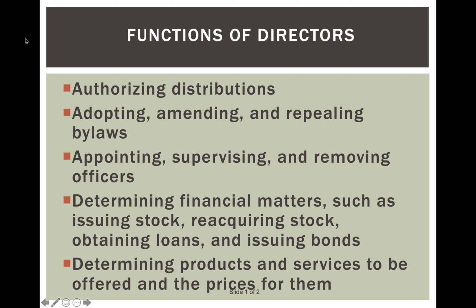So remember, when we have that initial meeting, we vote on the directors, and then the directors adopt the bylaws. Directors also appoint, supervise, and remove officers. Now, directors are not managing the day-to-day affairs of the business, but they're these overseers, these gatekeepers who get involved on big things.